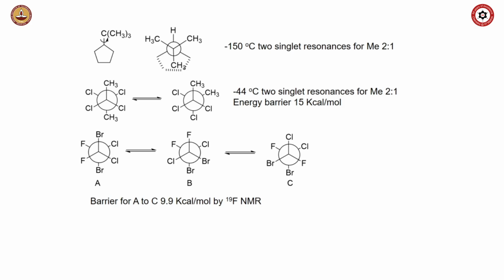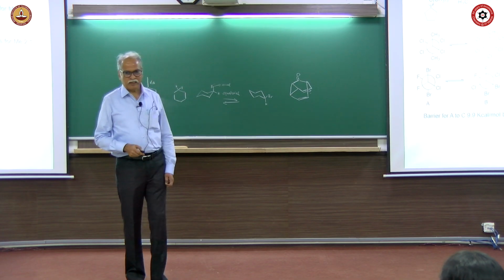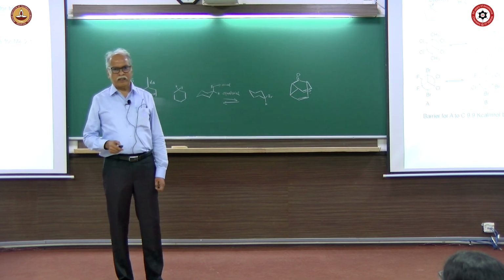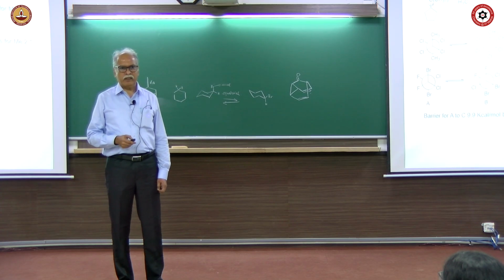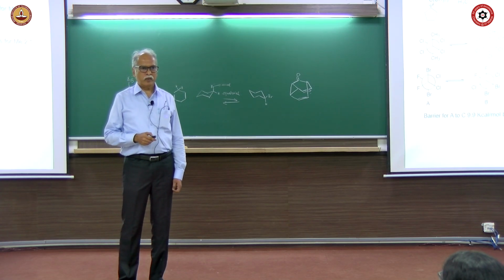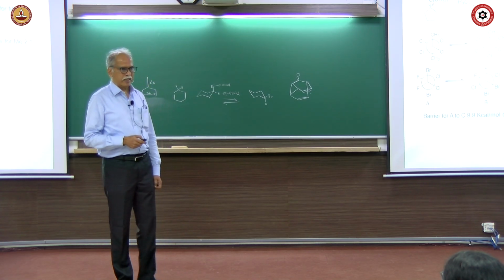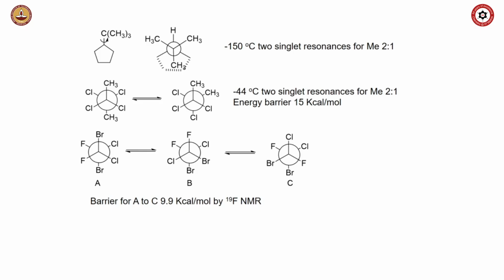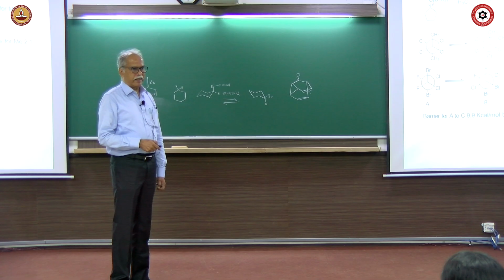So if these two conformers are present in solution, as long as they don't interconvert very rapidly, you should see two signals, one signal for this conformer and the other signal for this conformer, correct?